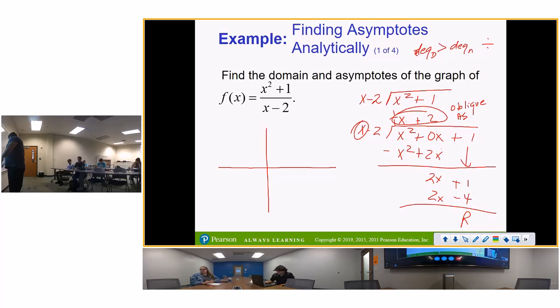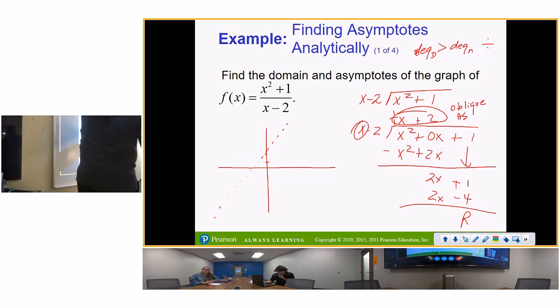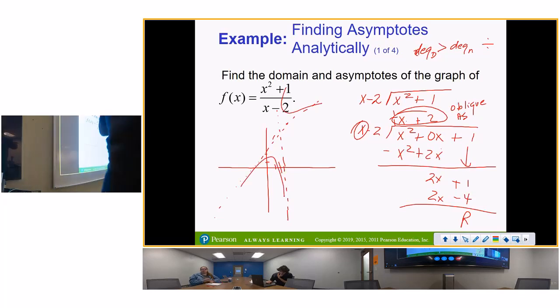What's the vertical shift? 2. And we've got a vertical asymptote of what? 2. So this function is going to look something like this, probably. But you need to be able to find it.